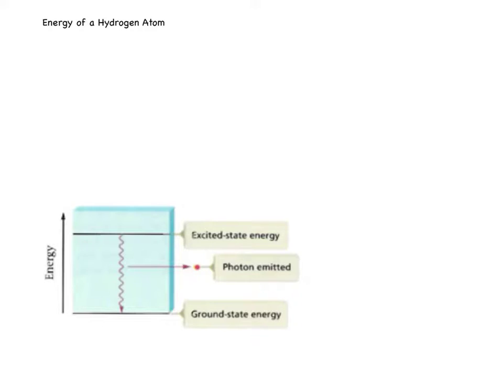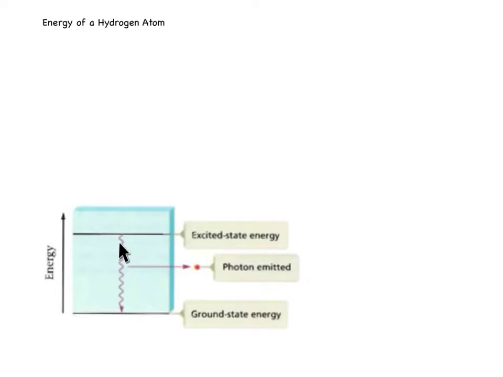That would be the 1s energy, or the first energy level, the s orbital that's located on the first energy level. We'll jump to a higher energy level. In this case, this is a second energy level, so 2s, or it could be 2p. And jumping up, it now has more energy, and it's known as being in the excited state.